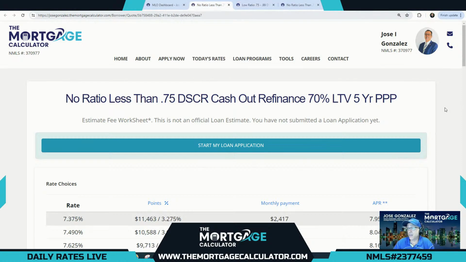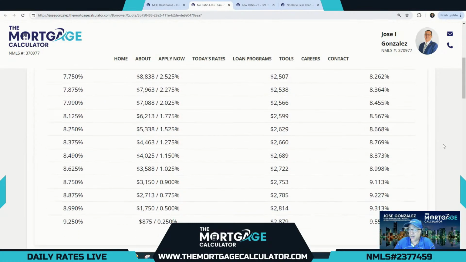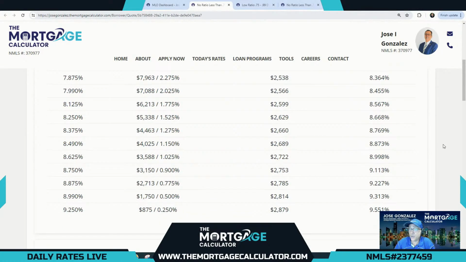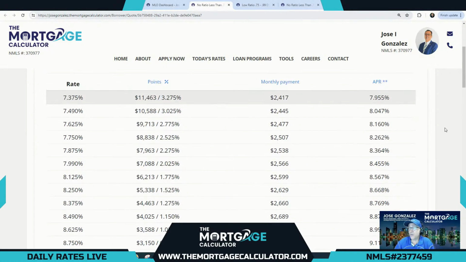No ratio now, the option which dips below 0.75 does drop to a 70% LTV. And here you are at 9.25%, which is almost at par. And you can buy that down all the way to 7.375%.